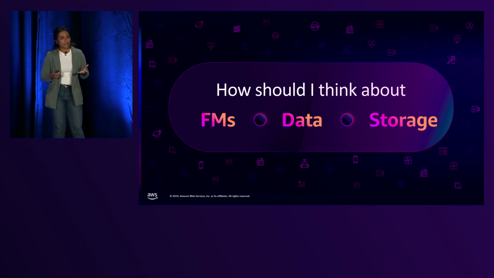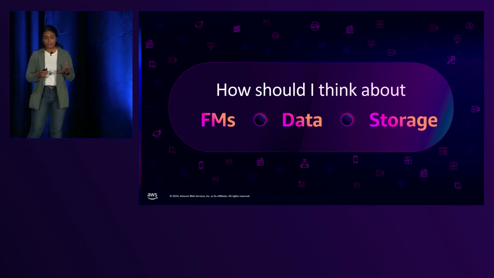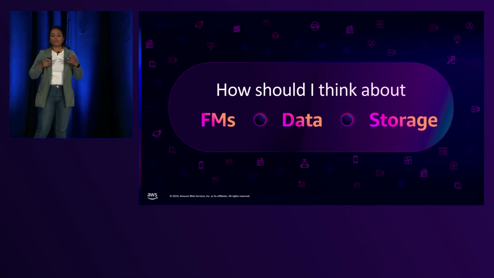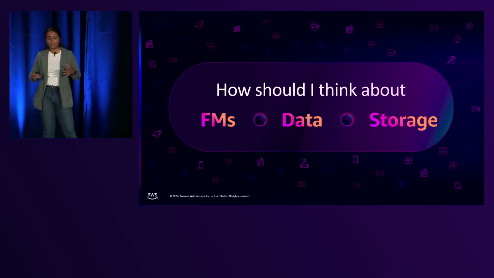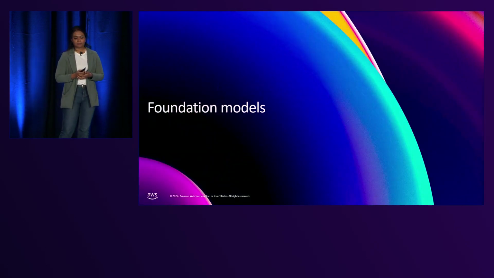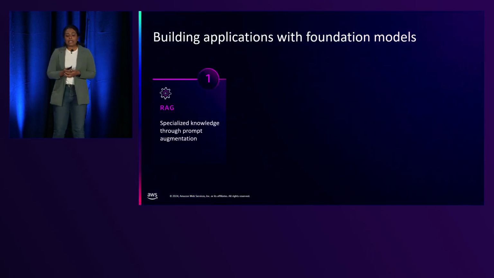The most common questions that we get from customers is, how should I think about foundation models? What sort of data considerations do I need to keep in mind? And what sort of a storage infrastructure do I need to support all of this? Let's first start talking about foundation models. Now, on a very high level, there's really two things you can do.